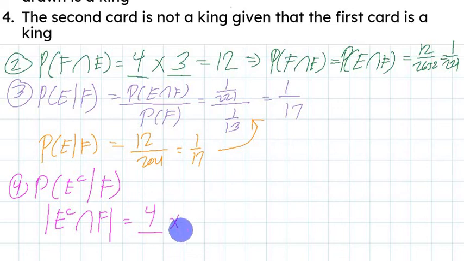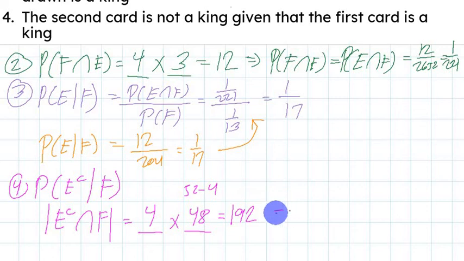But if the second card is not a king, then that would be the 52 cards minus the 4 kings, so 48 other possible outcomes. That would give us a total of 192 outcomes of the second card not being a king, given that the first is.